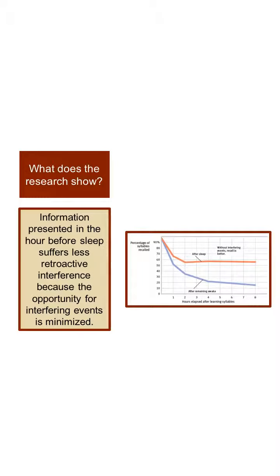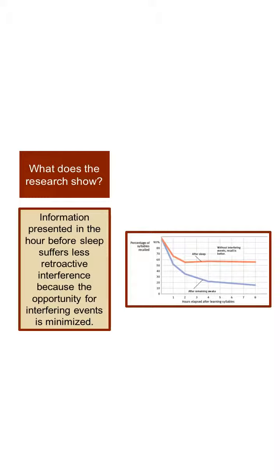Oh, very important. Based on this concept of proactive and retroactive interference, I want to focus a little bit on retroactive, as your text does. They say that it's strongly recommended, to avoid retroactive interference, let's say you have a test the following day, to review or learn any new information 1 hour prior to sleep. Because you are not allowing much opportunity for retroactive interference to occur.